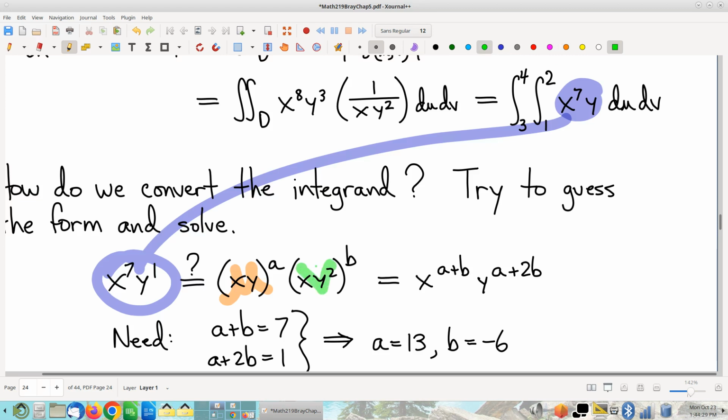So now part of the answer is on the screen right now already, but let me talk you through how I got to this equation right here. I have a product of powers of x and y. I need to write that in terms of products of powers of x and y. That's what u and v are.